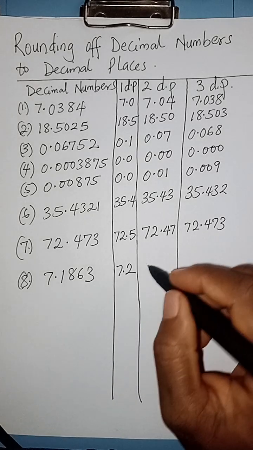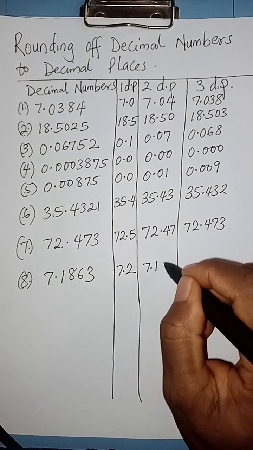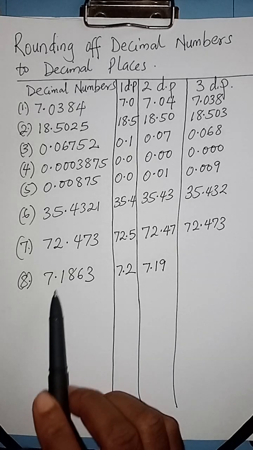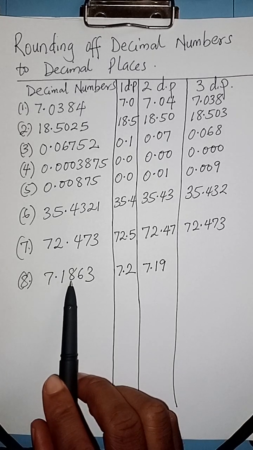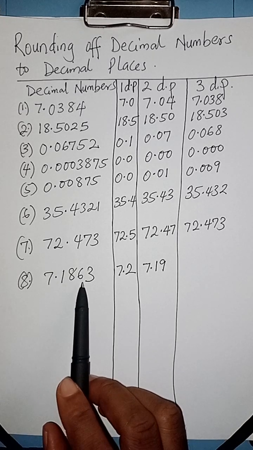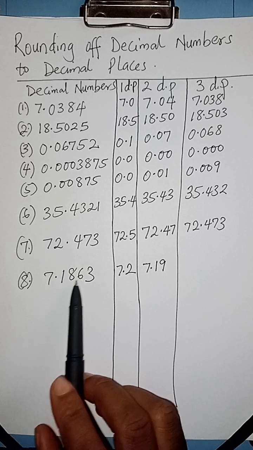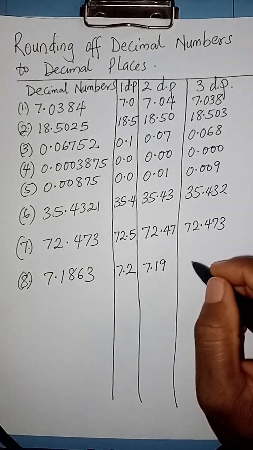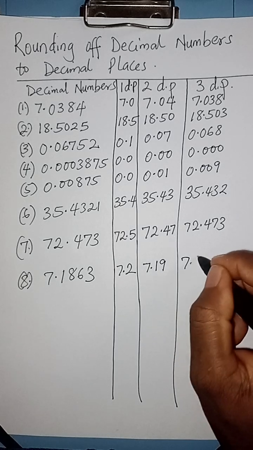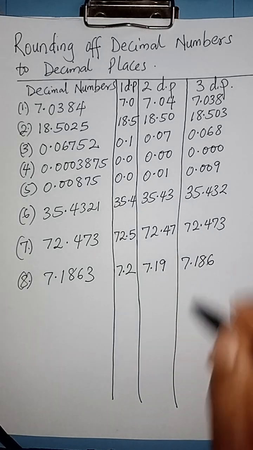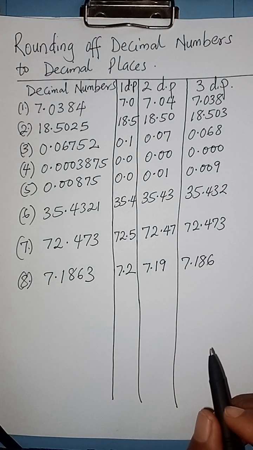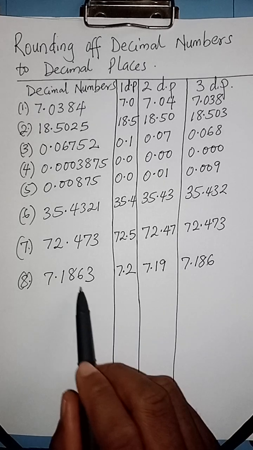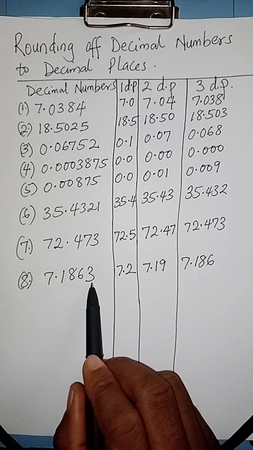To two decimal places will be 7.19. It's such because after 8, the digit is 6. Which means you're rounding up. Add 1 to 8, and that's 9. Three decimal places will be 7.186. It is 6 because this is 3, so you round down.